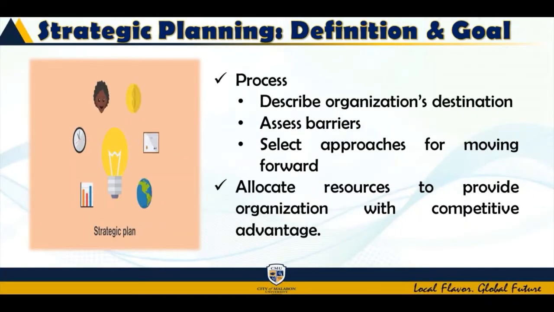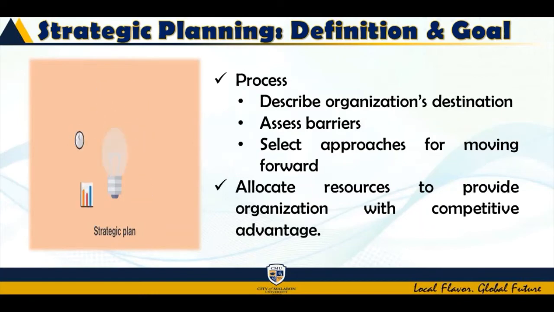Now, let's define strategic planning and also the goal of this. This is the process that involves describing the organization's destinations. It also assesses barriers that stand in the way of the destinations, and we can select some approaches for moving forward.